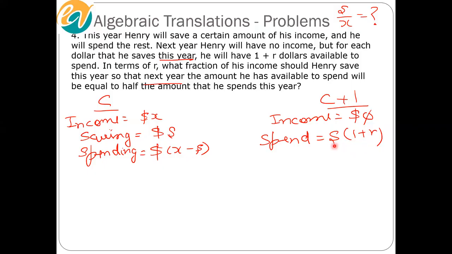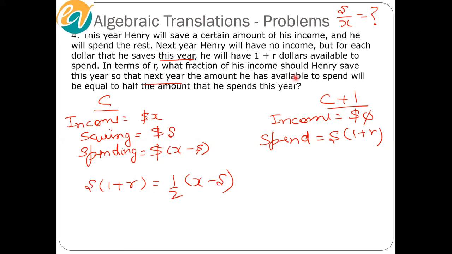So according to the question, S times 1 plus R is equal to half of X minus S. Mind you, in all these word problems, will be, is, was, were, am, all these get translated into an equal to sign.